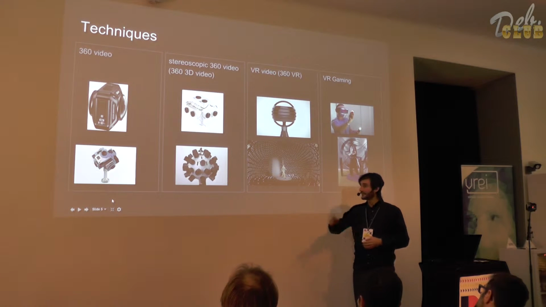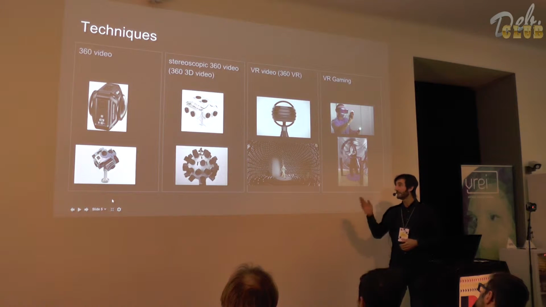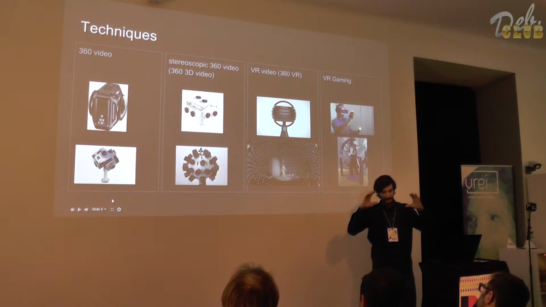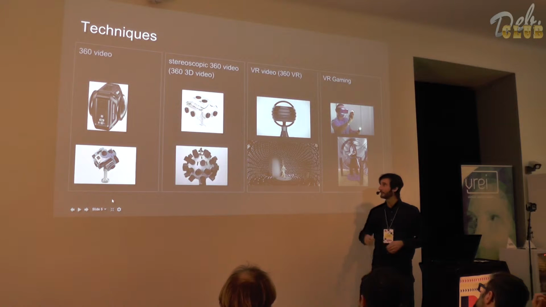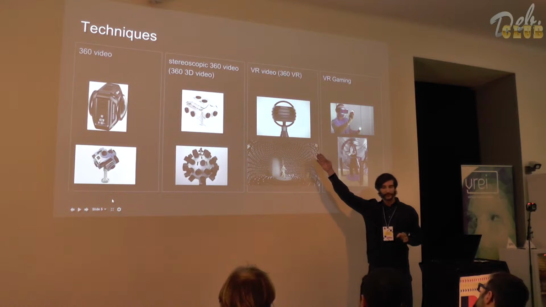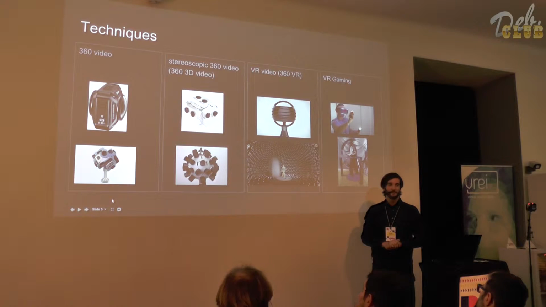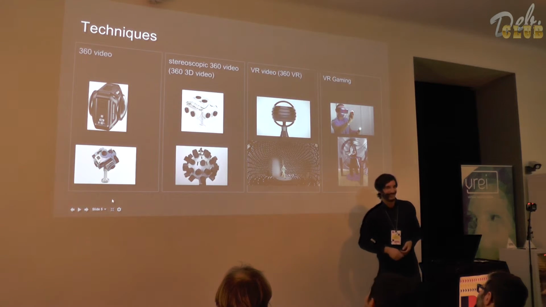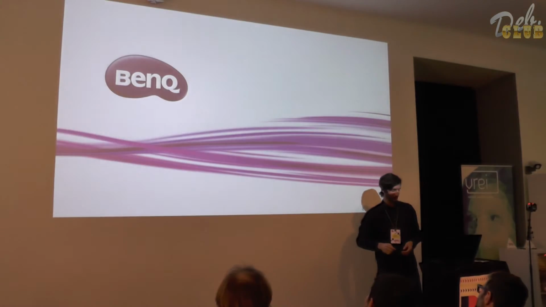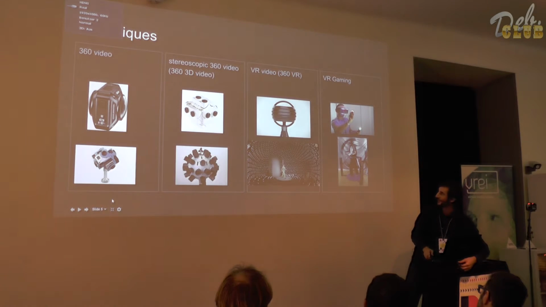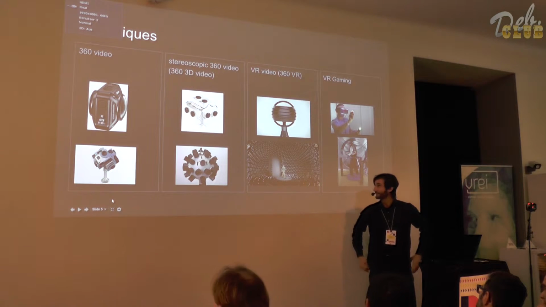The next step would be VR Vienna, or 360 VR. It's still the concept of having a spherical recording, especially in this case, the concept of, what was the name? Who knows this thing? Lytro, thank you. Of the Lytro camera.